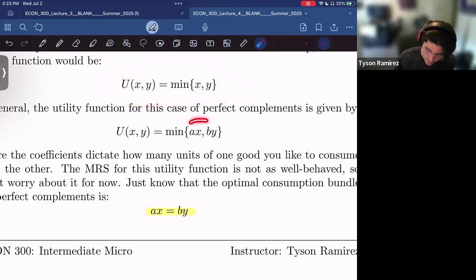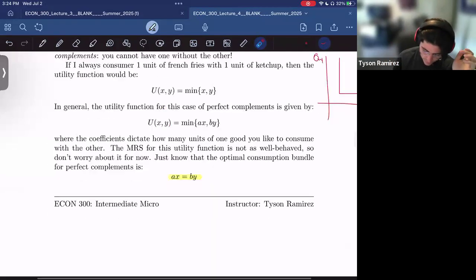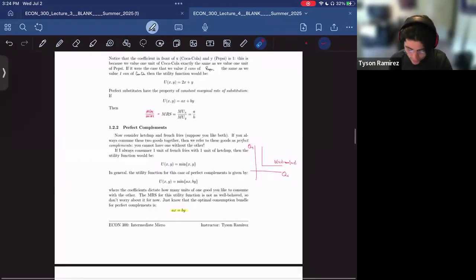So in general, if somebody has perfect complements, then they always want A times X of whatever good X is, and B times Y of whatever good Y is. They always consume things proportional to these ratios. Very good.